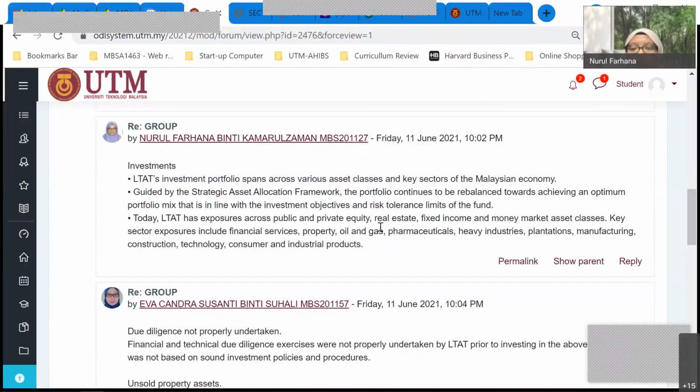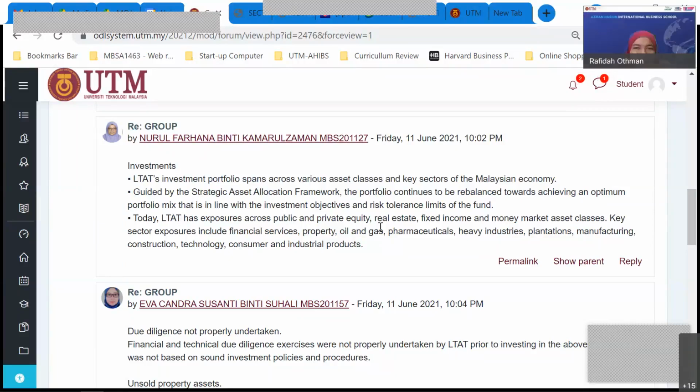Today, it has exposure to both public and private equity, real estate, fixed income, and money market asset classes. They include sectors in financial, property, oil and gas, pharmaceutical products, heavy industry, and many more. They have various types of exposure.